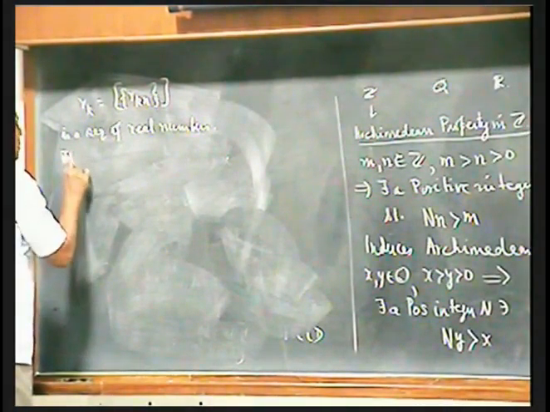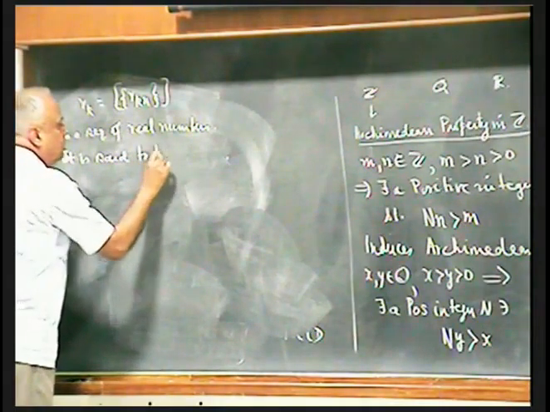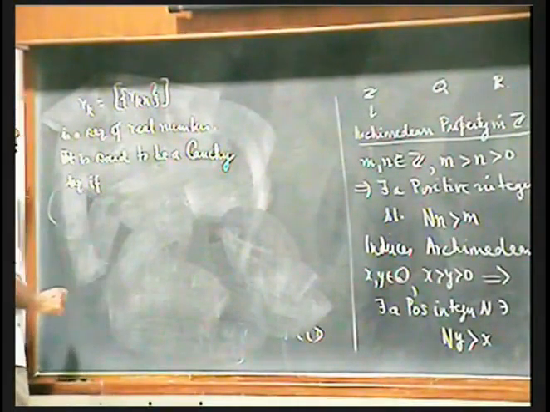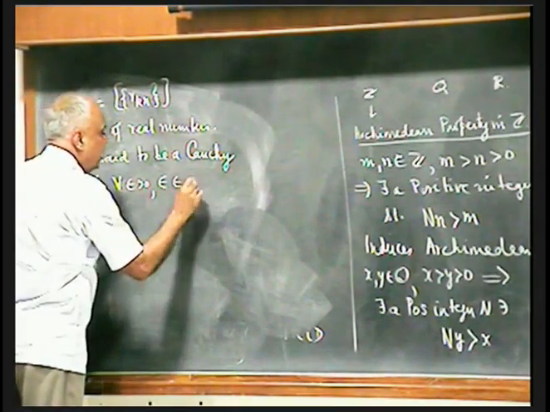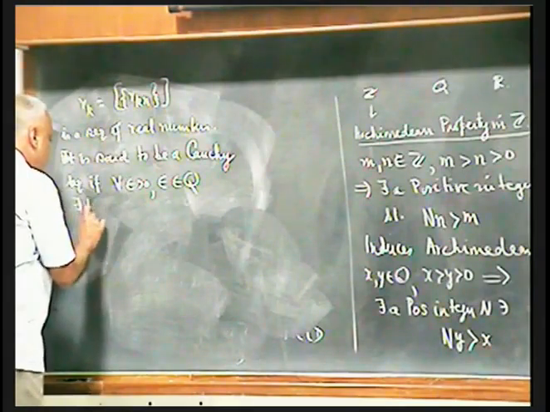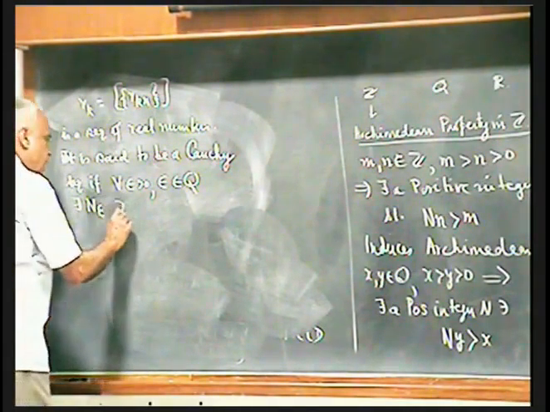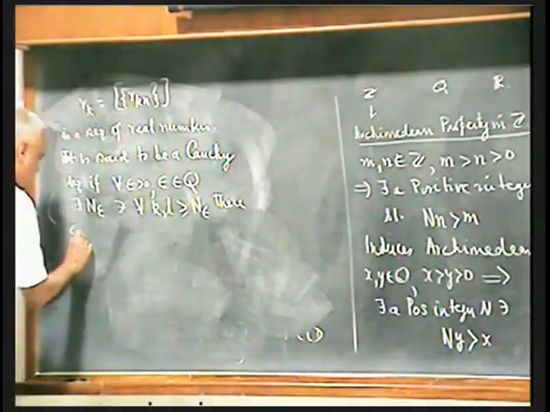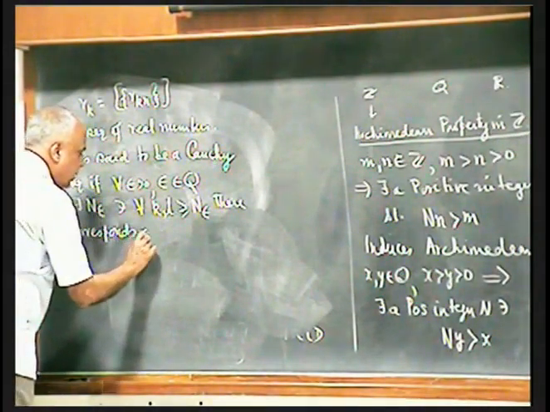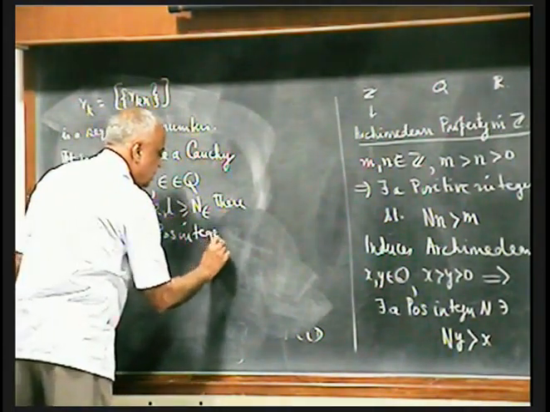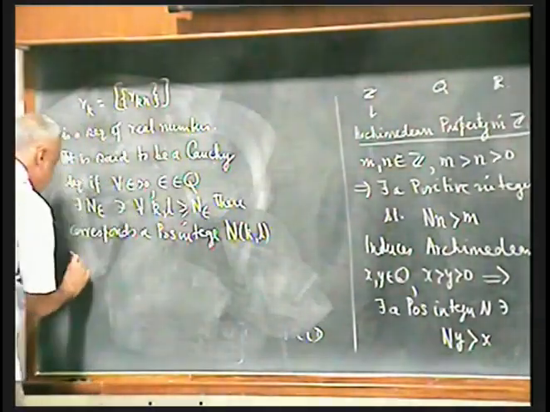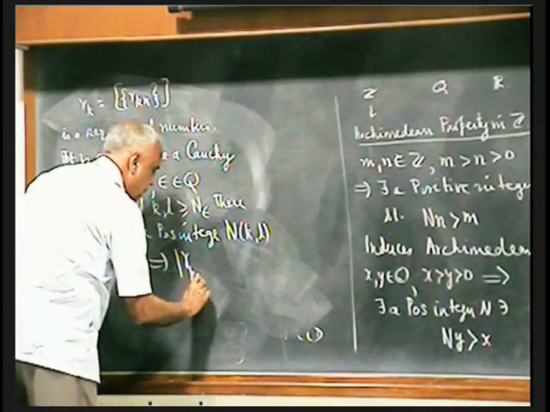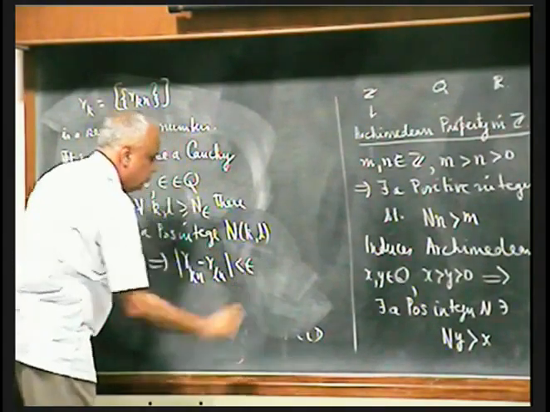It is said to be a Cauchy sequence if for every positive epsilon in Q there exists an n epsilon such that for every k and l greater than or equal to n epsilon there corresponds a positive integer nkl such that n greater than or equal to nkl implies modulus of Rkn minus Rln is less than epsilon.